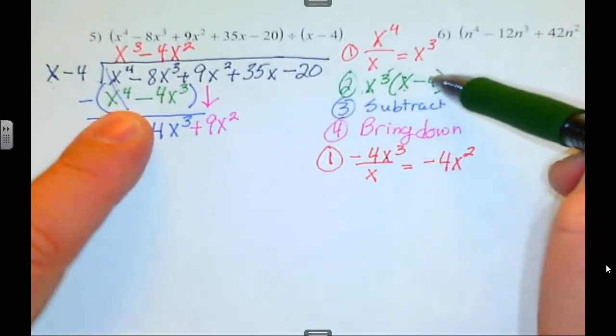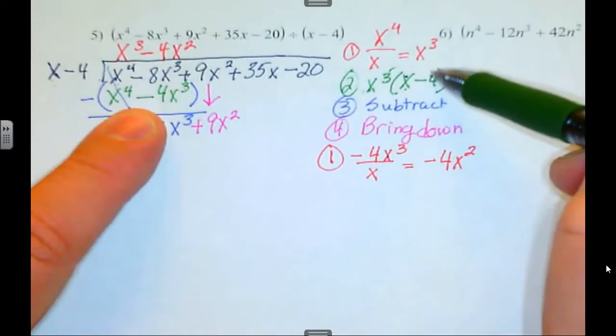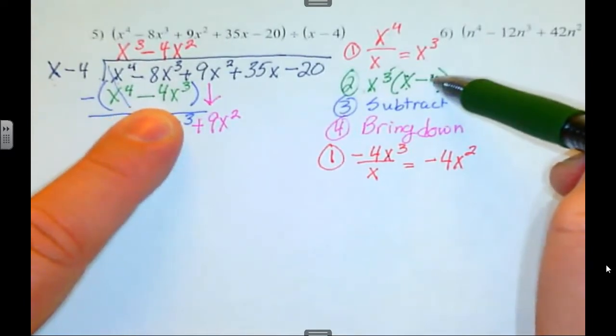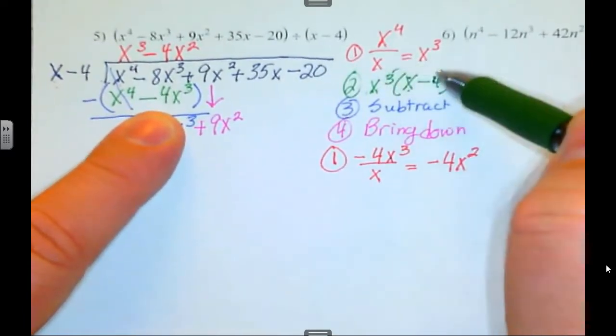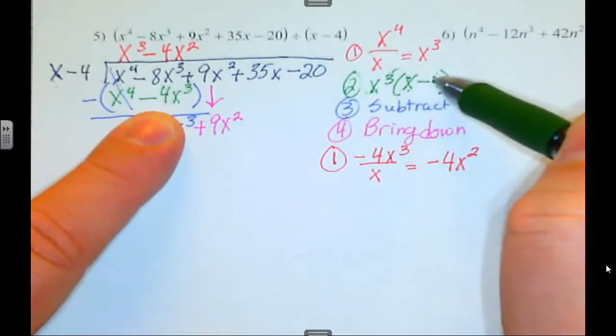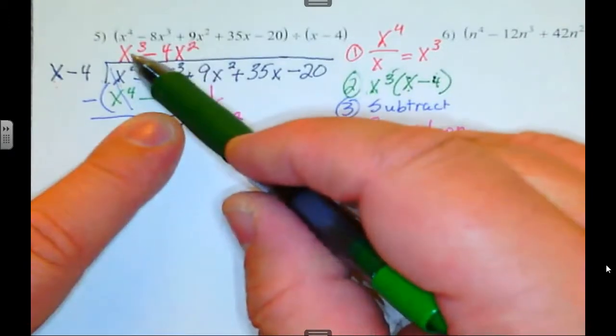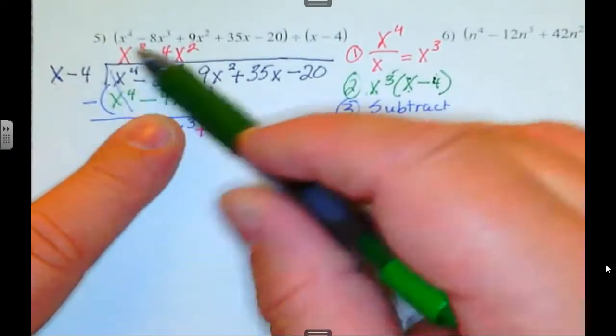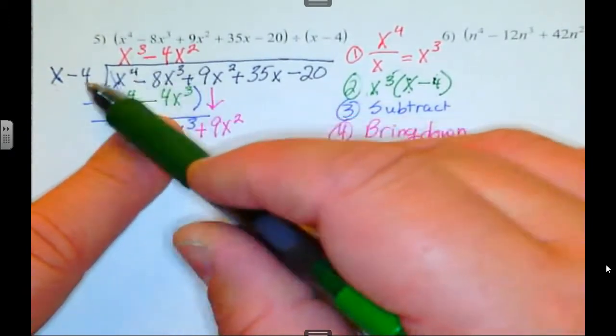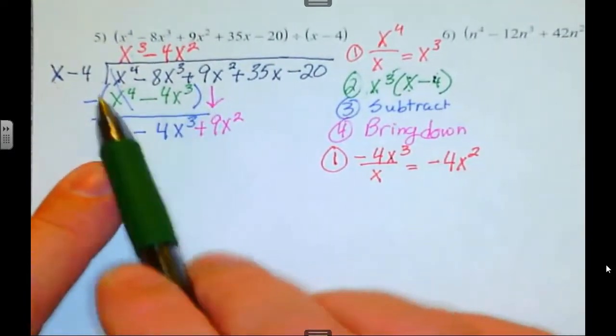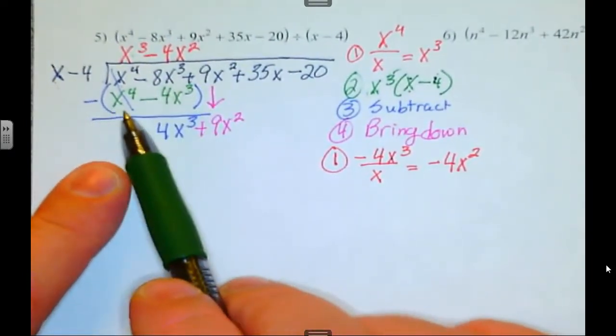X cubed times minus 4 is minus 4x cubed. What did you do with the x cubed that was in step 1? You wrote it on top. I wrote it on top. Oh, then that's what I multiply these two together. Got it. Okay. That's where I got this quantity.